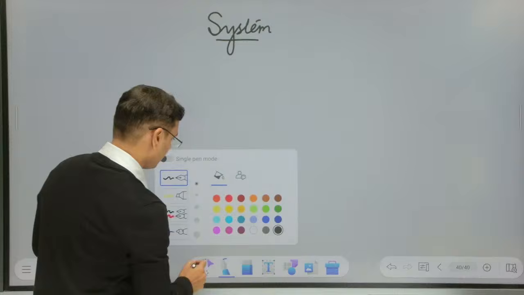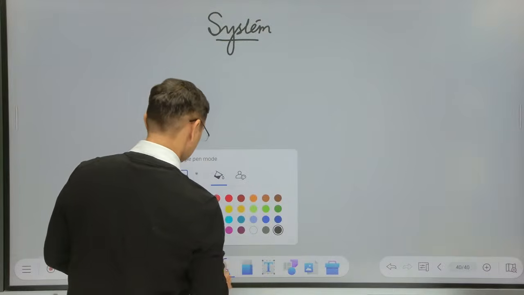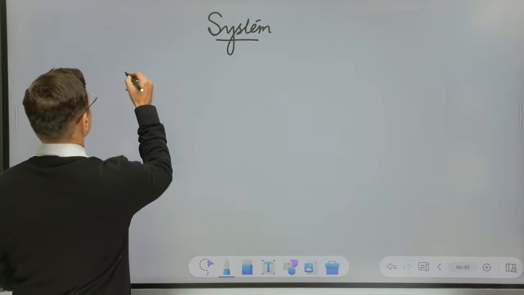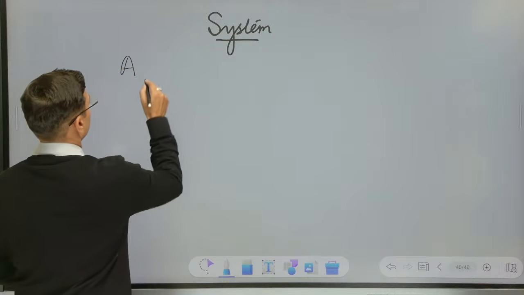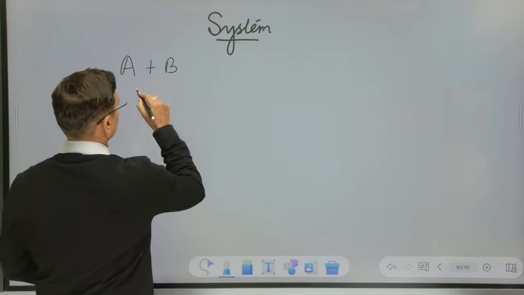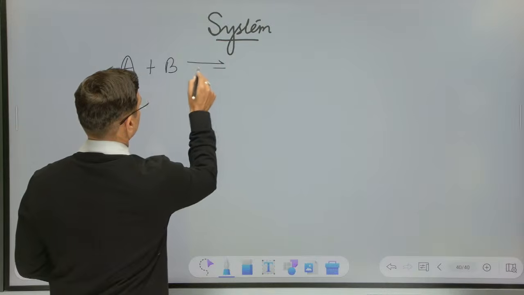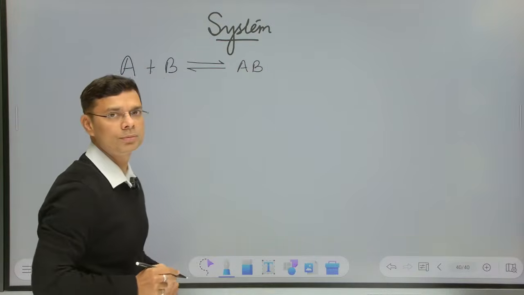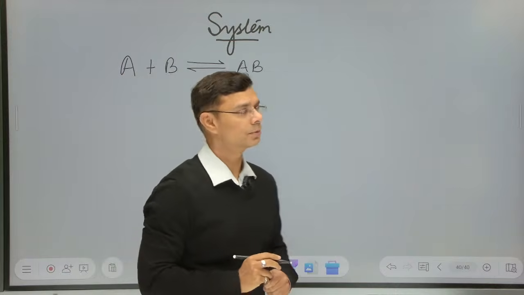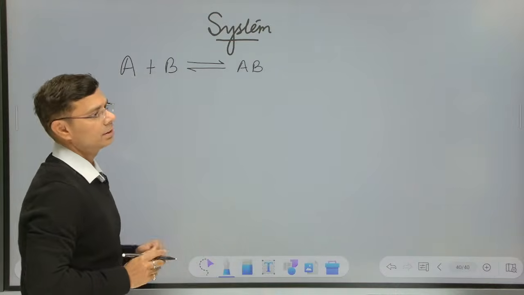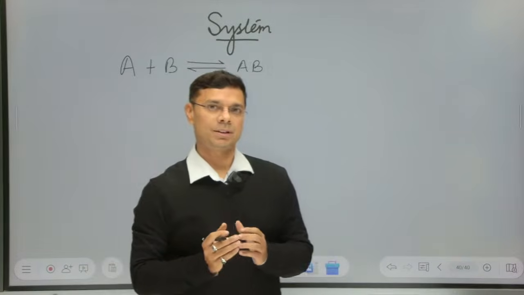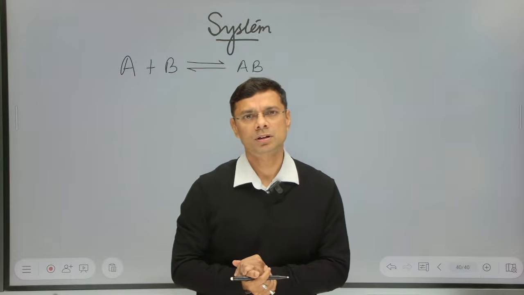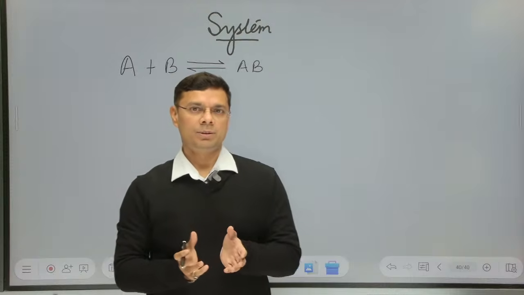There is a chemical reaction, substance A, substance B, they react reversibly and form a product AB. So in this case, as we have seen in our last example, what are our elements?